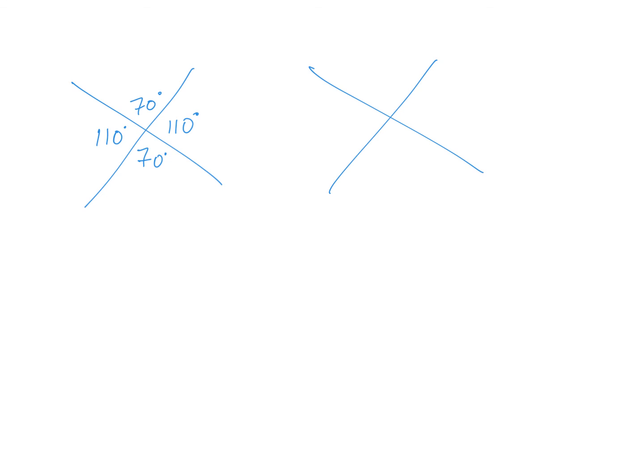So for instance, if I have a diagram like this and I say, hey, this is 70, even this is 70. If I say this is 110, then even this is 110. So I can conclude that if this is A and C and D and B, I know that A and C are equal. And I know that B and D are equal.